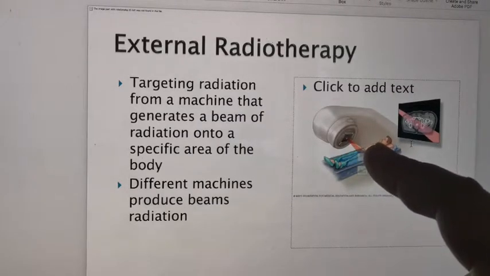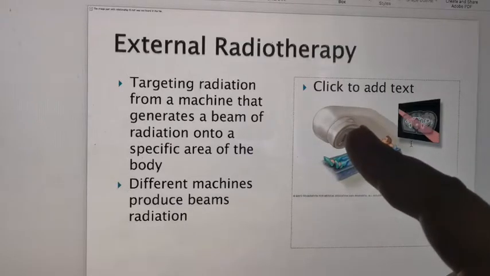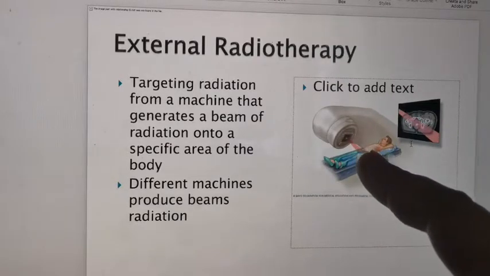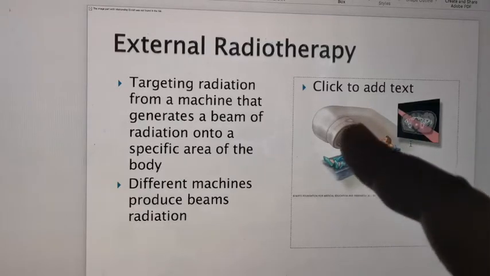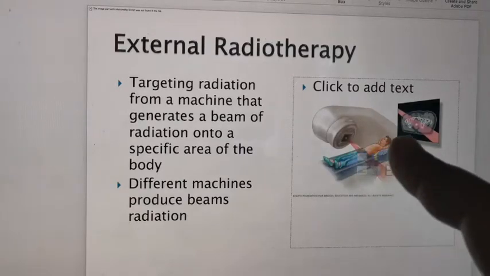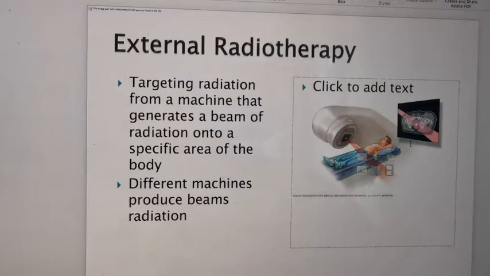So the radiation is coming from here, then it's emitted to specific areas of the body. And we have different machines that can produce different types of beams of radiation. We normally use this for cancer treatment. So we expose a cancer patient to beams to kill those cancer cells.